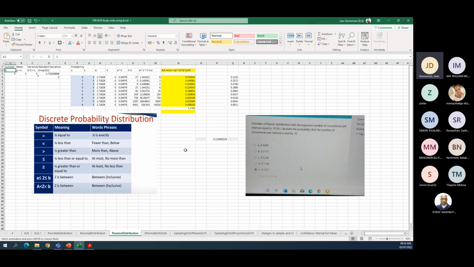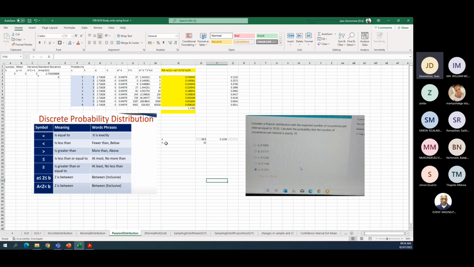That is what I like about Excel, you can manipulate it as you go along. So for you guys, if you find anything else, you can just change these numbers and use it again.